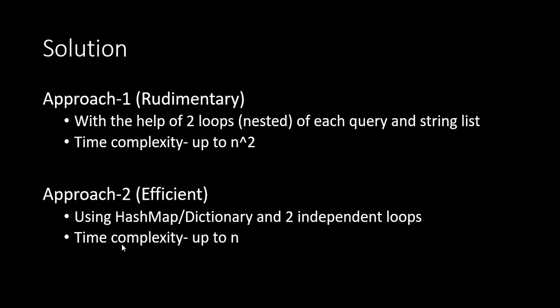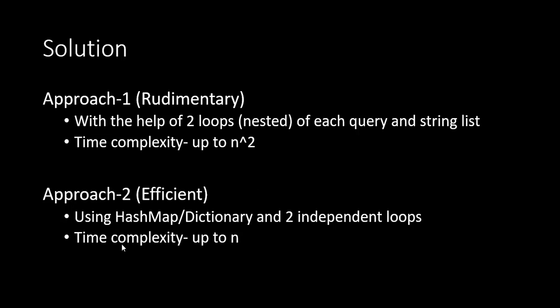We'll first start with the query, and check in each query if it already appeared in the string list. If yes, then we increase a counter so that we can keep track of how many times each query appeared.